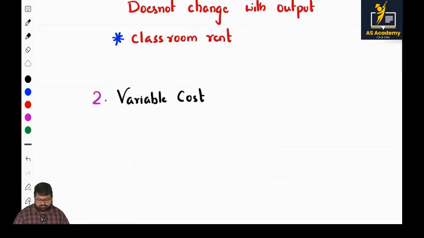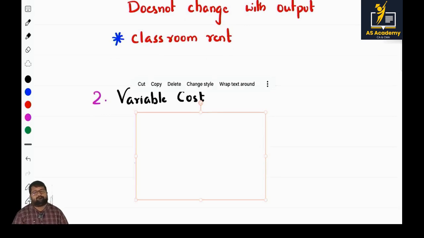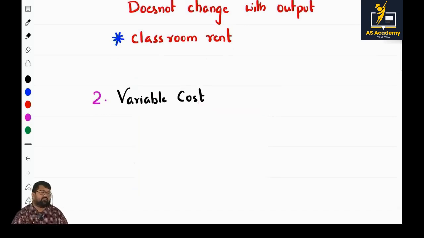Variable cost. What is a variable cost? Means quite opposite to fixed cost. So any examples? Chairs. Number of chairs, how they are used based on students. Materials to be issued based on students.